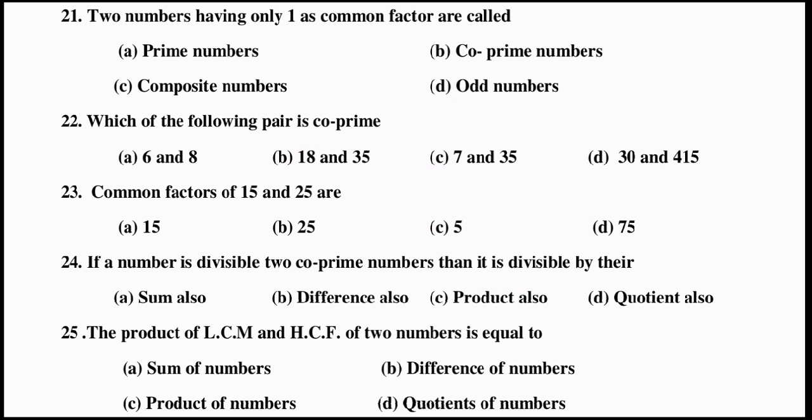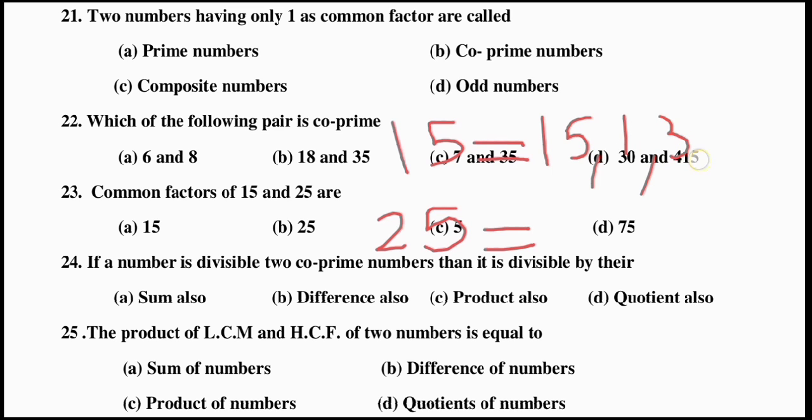Next question is, common factors of 15 and 25 are. First of all, we write factors of 15 and 25. 15: 1 15s are, 3 5s are. Then 25: 1 25s are and 5 5s are. We write 5 one time only.